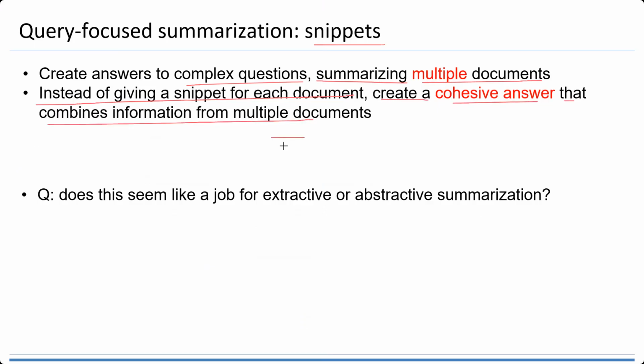So we have questions, maybe four questions, and then we put them into documents. There are many documents, and after we have many documents, we can create a comprehensive or cohesive answer. So there are several answers, and those answers are related.